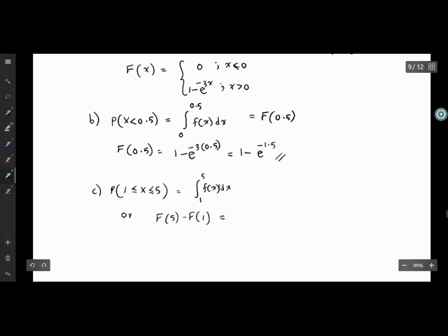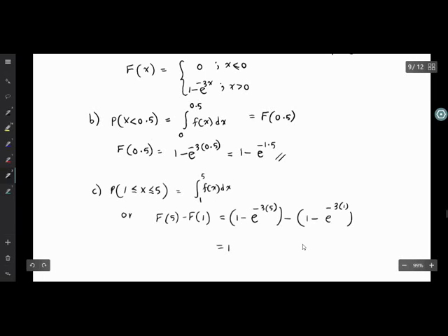Since this is the continuous case, the equal sign does not matter. So it will be simply capital F at 5 subtract capital F at 1. So you know the capital Fx. You get 1 minus e to the negative 3 times 5, subtract 1 minus e to the negative 3 times 1.